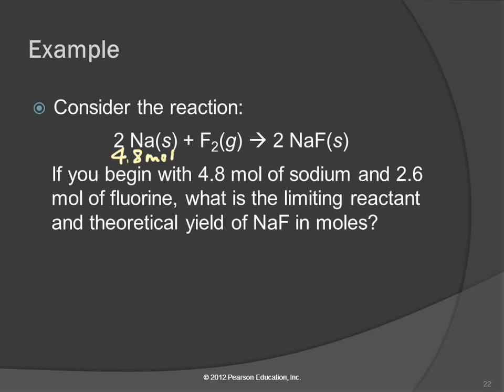Now, I am writing directly on my problem, but you don't always get to do that. What should you be writing on your paper? You should write the balanced chemical equation, and then you should write these amounts underneath the appropriate formulas. And then the question is, how much of this?